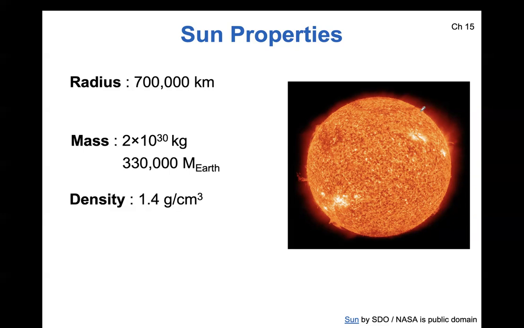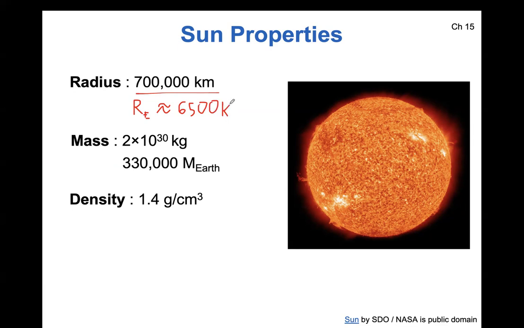All right. So the sun has a radius of 700,000 kilometers. That's over 100 times bigger than the radius of Earth. The radius of the Earth is 6,370, so I'll approximate it as, we'll say, 6,500 as a rough approximation for kilometers.